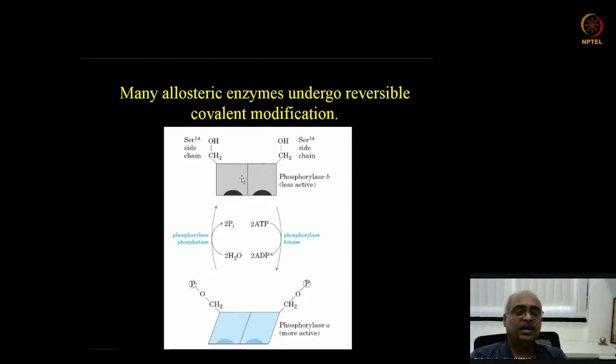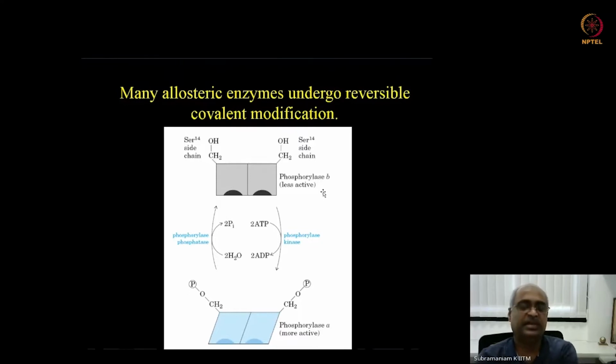One of the other ways of regulation of these enzymes is covalent modification. So one of the residues on the enzyme, for example, if this is an enzyme, it has two subunits, it's phosphorylase. In this case, the 14th serine, its hydroxyl group, when it gets phosphorylated, it becomes more active.